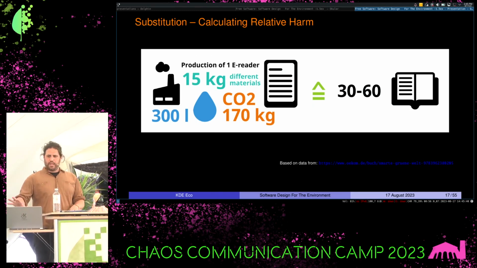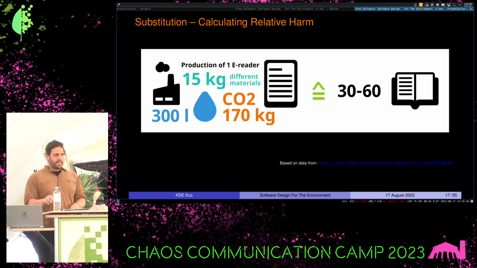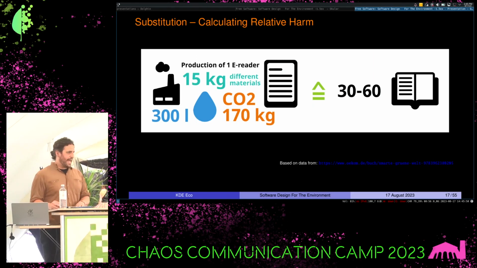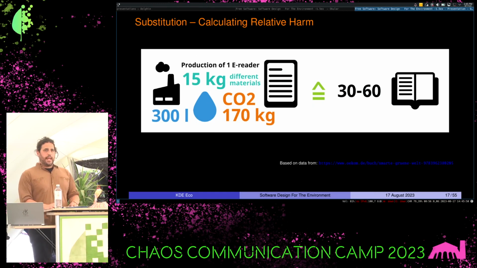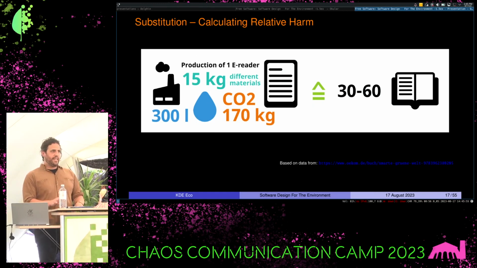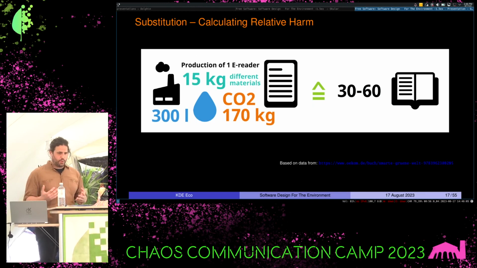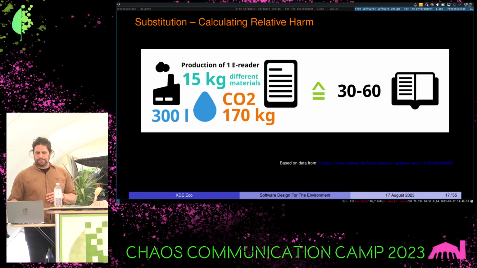One Wikipedia article had the start date and end date for production of e-readers as 1.5 years on average. The average US American reads, 60% read less than 5 books per year. So to get to the number of 30 to 60, it's going to require using that device for a long time, which likely won't be the case given the short lifespan of these devices.